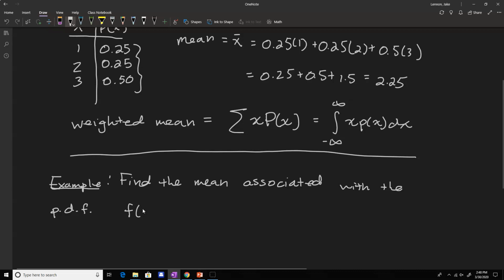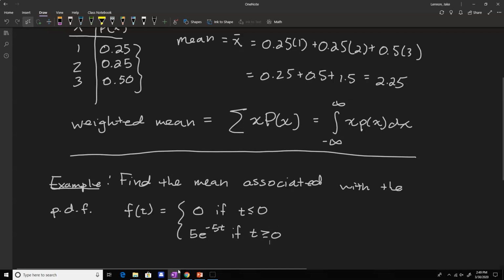f of t is equal to 0 if t is less than or equal to 0. Instead of using c, let's use the number 5. Let's say 5e to the minus 5t if t is greater than or equal to 0.